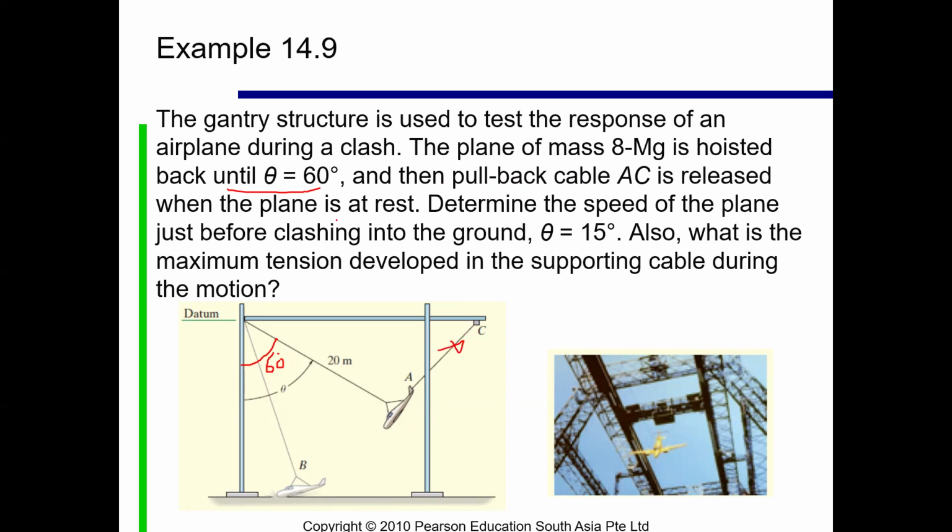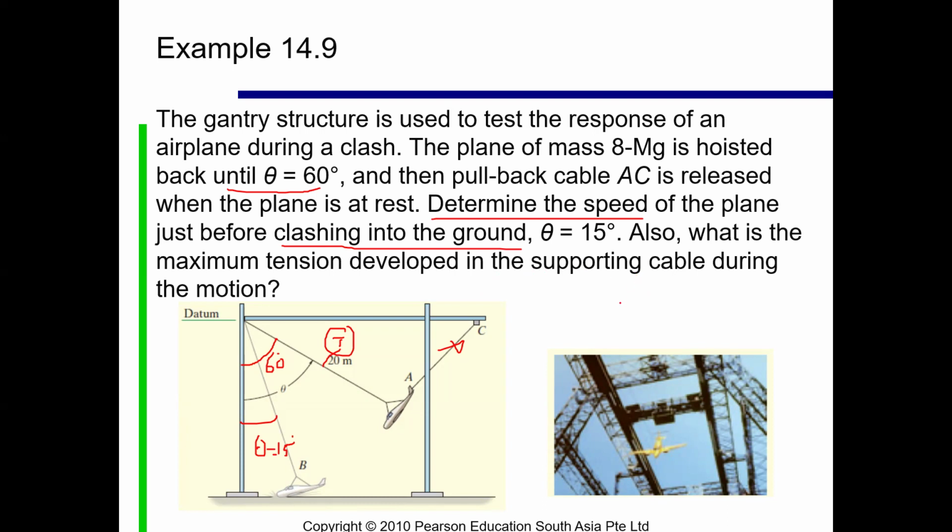When the plane is at rest, determine the speed of the plane just before crashing into the ground, which is around this angle, which is 15. So you need to determine the speed when the angle is 15. Also, what is the maximum tension developed? You need to figure out the tension in the supporting cable during the motion.